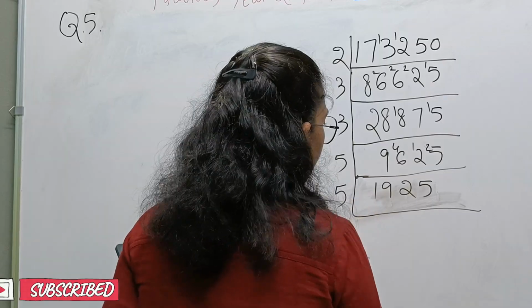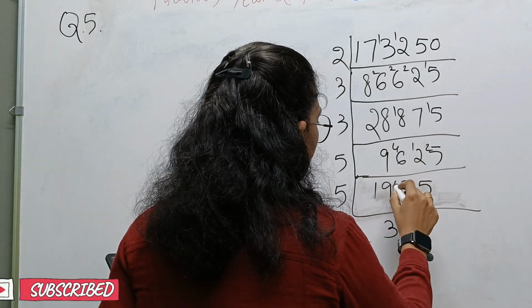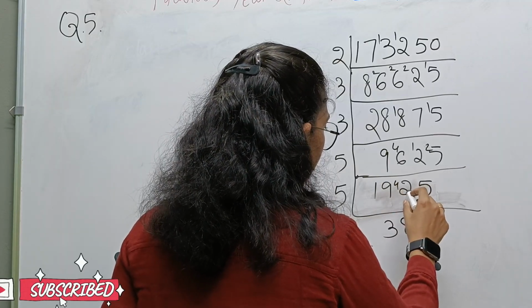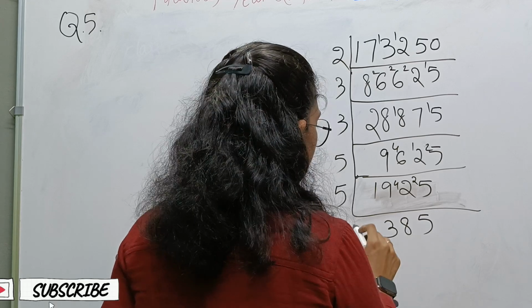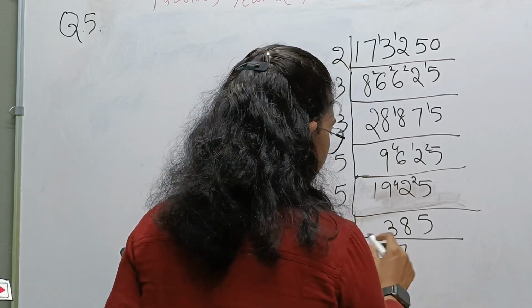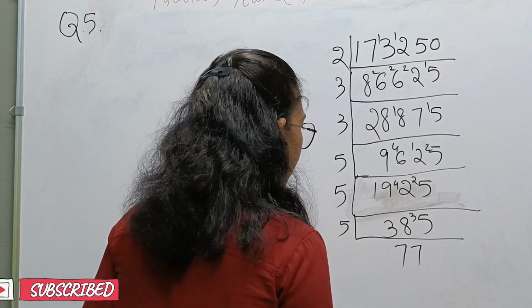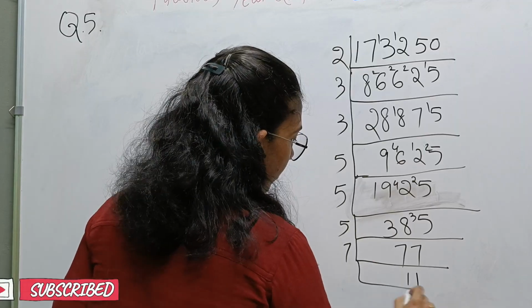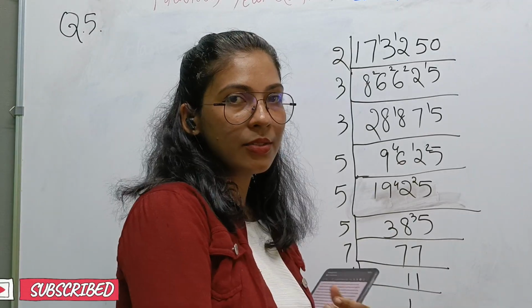Again with 5, 3 5s are 15, 8 5s are 40, 5 5s are 25, 7 5s are 35, 7 5s are 30. Finally 7, 11. These are the factors of the number.